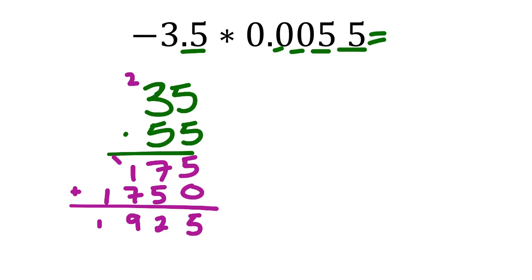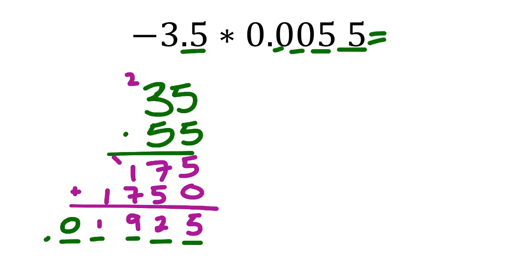But I need how many decimal place values there were from the beginning. 5 of them. In this case, I've only got 4 numbers. So what do I do? I need 5 decimal place values, and where I only have 4, I can create a 5th one by putting a 0 right here.